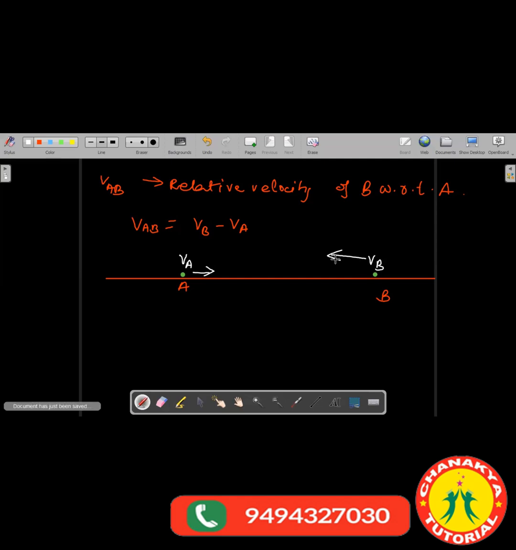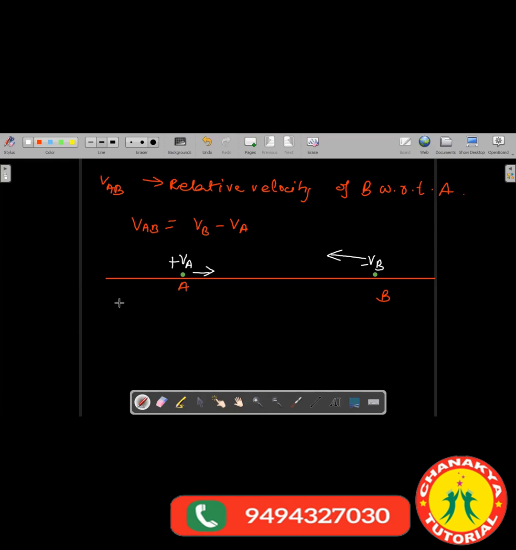Since the two velocities are in opposite directions, we will take one of the velocities to be positive and the other to be negative. So by convention, we will write this as plus VA, and this velocity as minus VB.